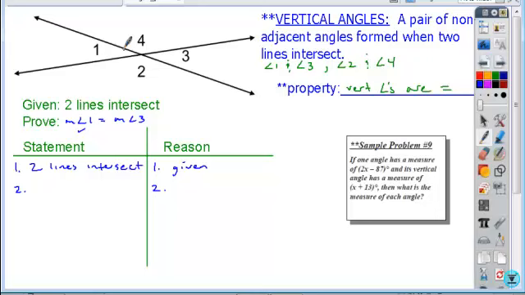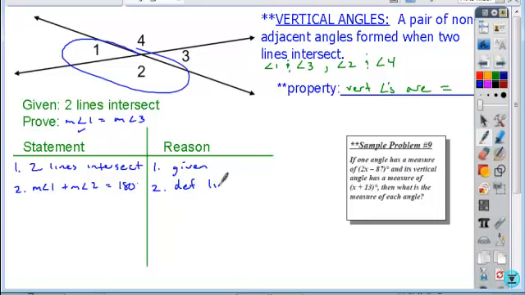So let's introduce angle 1. What relationship do we know involves angle 1 based on what we just talked about? Measure of angle 1 plus measure of angle 2 is equal to what? 180, right? Okay, and we know that because what type of angles are those?